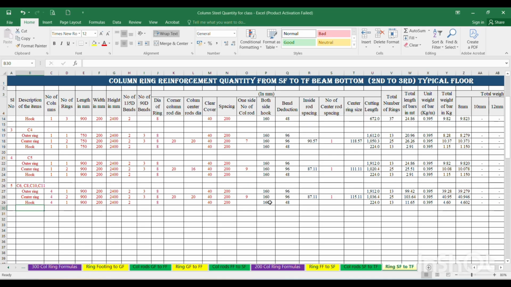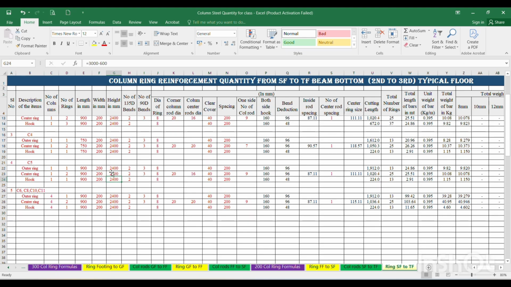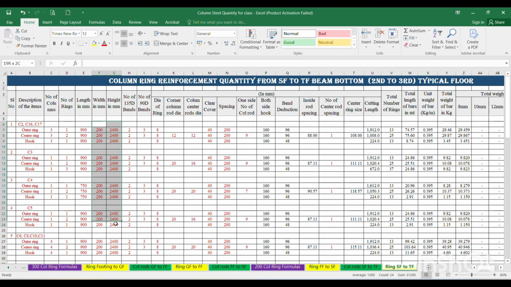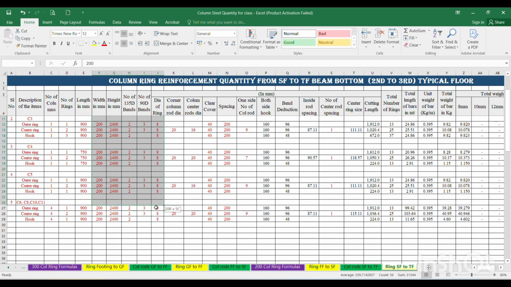If you enter all this, whatever these red lines are, this column size will be 200 and 2400, constant for all. In this column also no entry will come, only this length will be plus minus, the number of rings will be plus minus, and the number of columns will be plus minus. The 135 degree and 90 degree and this 8 mm dia, there are no changes in these cells.